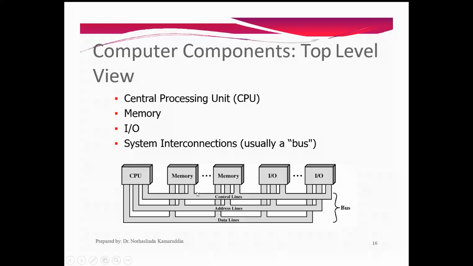So every device has their system bus. They are connecting among them through the system bus. So setiap ni dia ada dia punya address lah. Dia ada control register, address register and also data register. So maknanya kalau dia perlukan hantar data daripada CPU kepada memory, so they use data line lah.